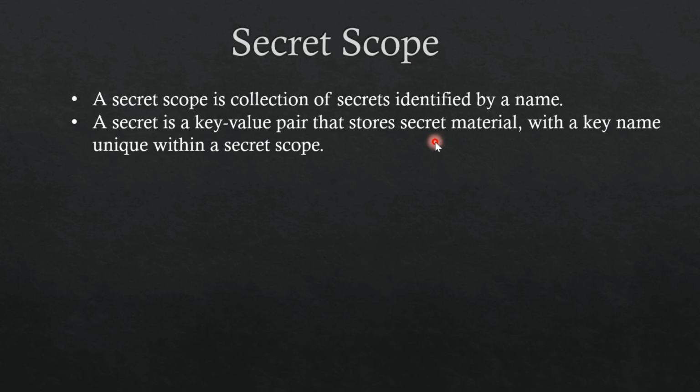So for that, you are redacting that particular information in the form of a secret, and you put that secret in the code rather than giving the complete information or the complete credential to your code.